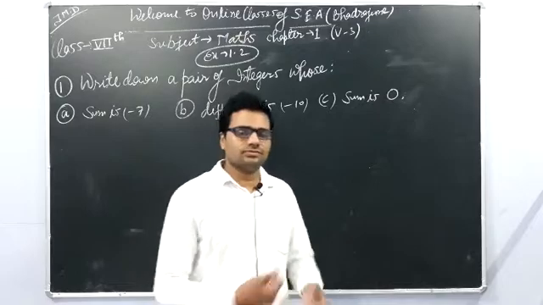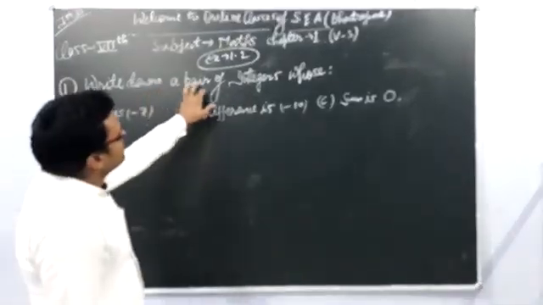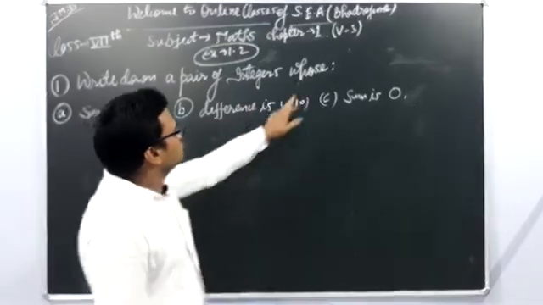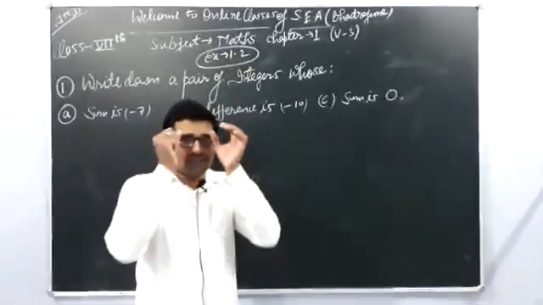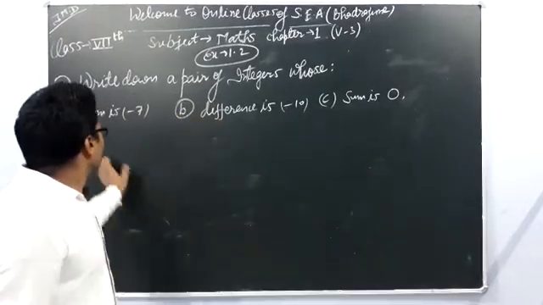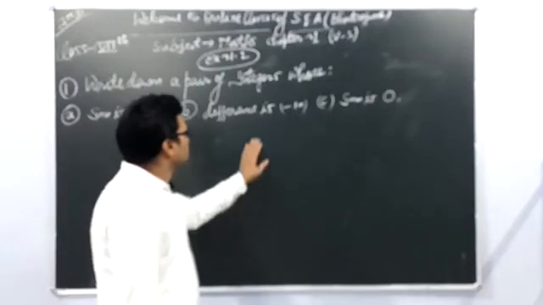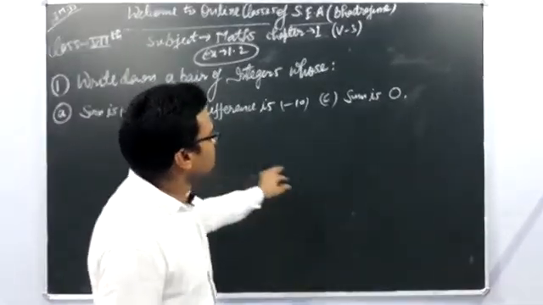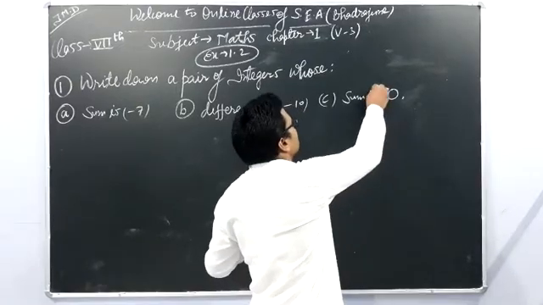What I have to do is we have to choose a pair of integers. We have to choose two integers. A pair of integers means two integers like that. Their sum should be -7 here in first part and -10 here in second part and 0 here in third part.